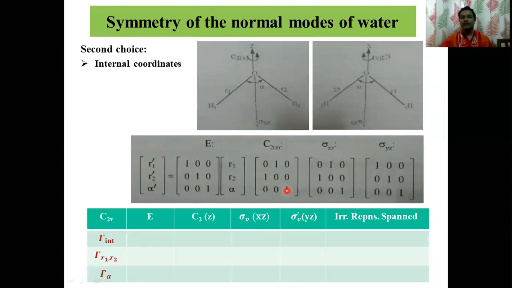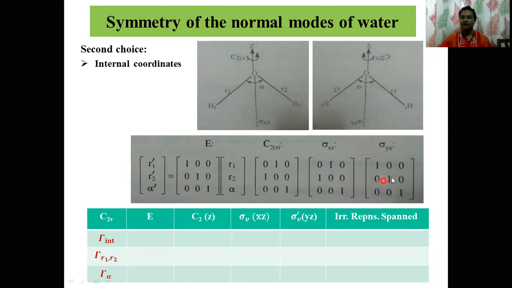Exactly in the same notion, if I go for sigma v xz, then I take this plane, and of course again you get exactly a similar picture. Therefore this matrix is going to be like this.